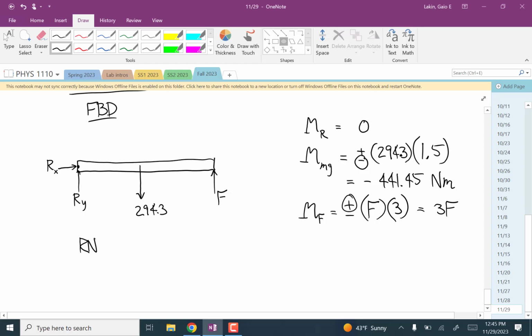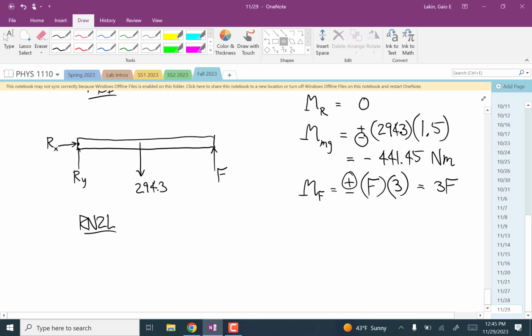And so now rotational Newton's second law. We have 0 minus 441.45 plus 3F is equal to 0 because alpha is 0. And so 3F is equal to 441.45.